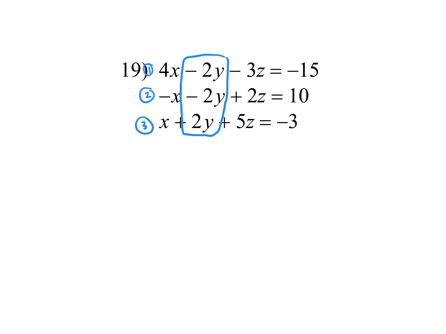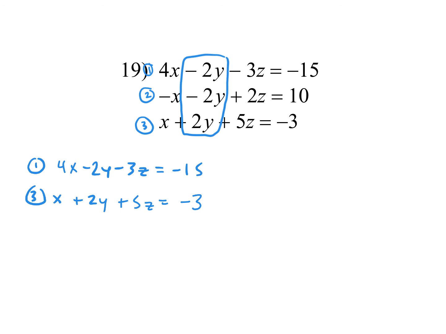Awesome, 1 and 3, because I see that I have a positive 2y and a negative 2y, so they're going to cancel. So if I have 4x minus 2y minus 3z is equal to negative 15, that's equation number 1. And equation number 3 is x plus 2y plus 5z is equal to negative 3. Remember, you have to do this twice, where you have to pick 2 of them twice and combine.